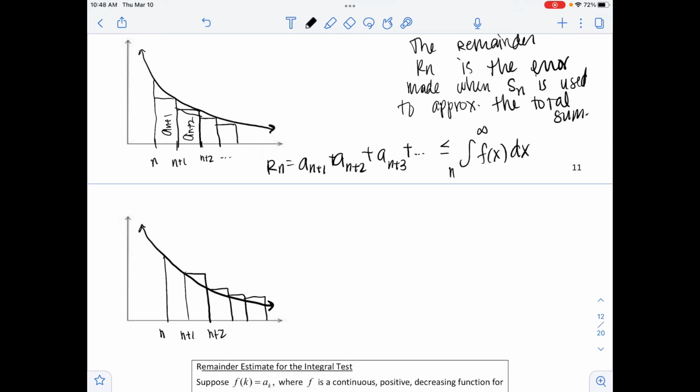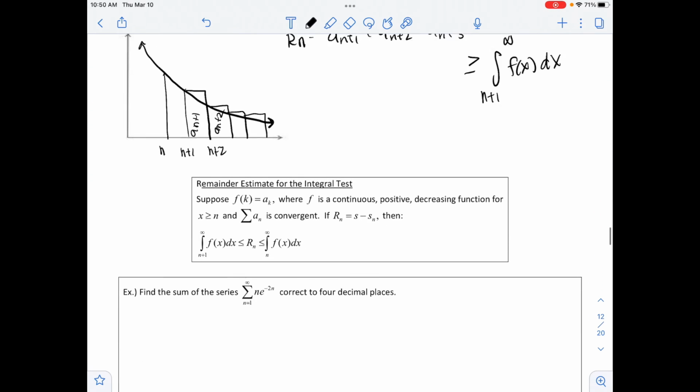We have a sub n plus 1, a sub n plus 2, and so on. And so for this case, r sub n equals a sub n plus 1 plus a sub n plus 2 plus a sub n plus 3 plus dot dot dot, and this one is going to be greater than or equal to the integral from n plus 1 to infinity of f of x dx.